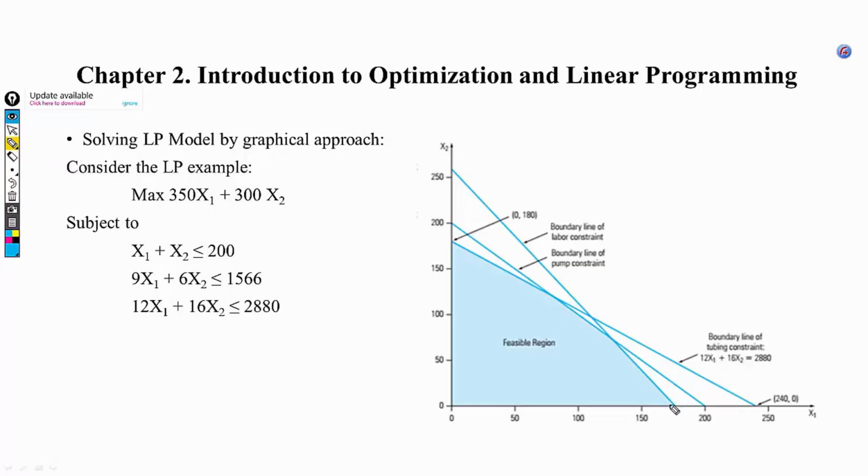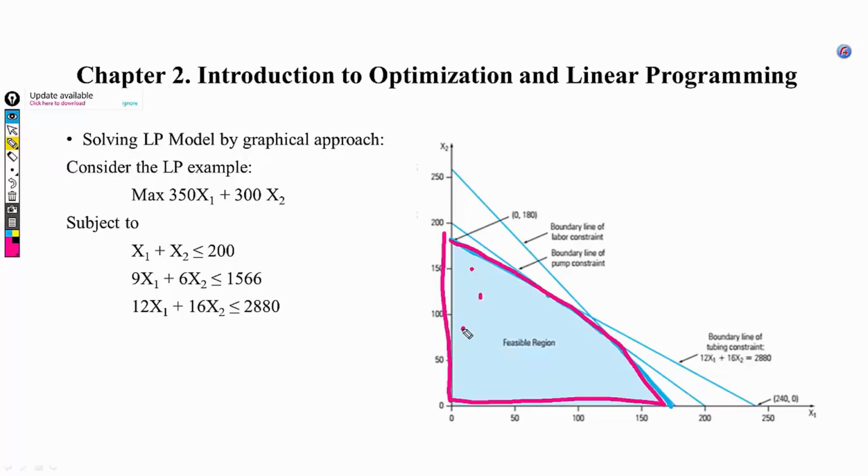After plotting all the constraints, this becomes the feasible area. This is our feasible area or feasible region. So we plot all the constraints and we find the area which is common between the three constraints.